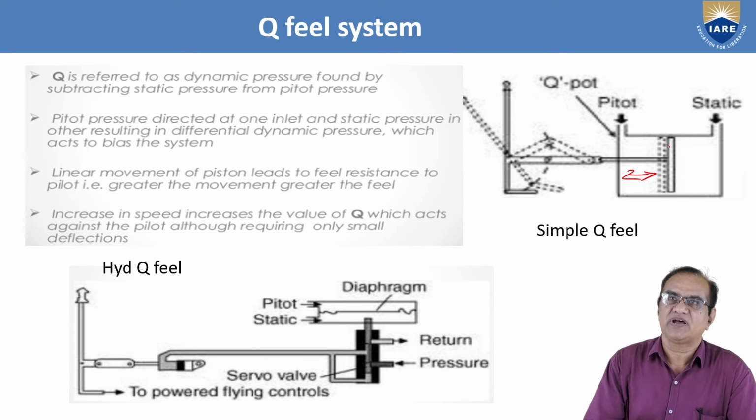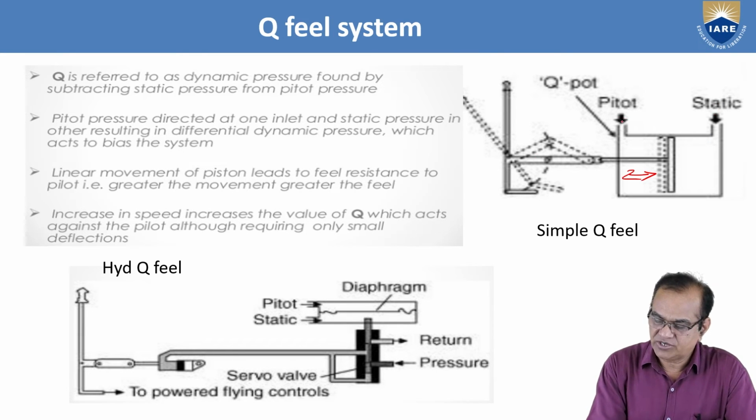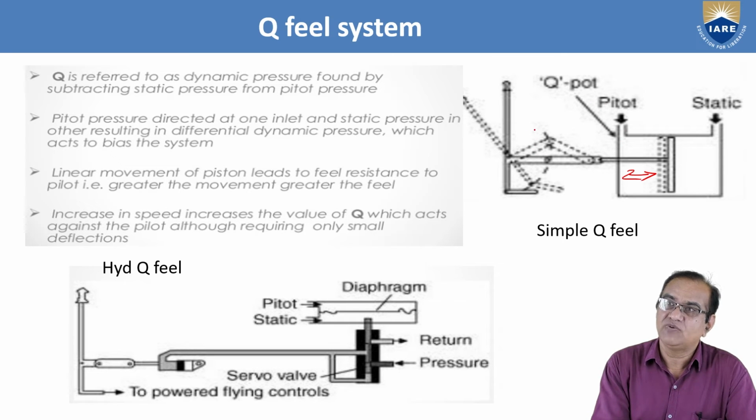This linear movement of the piston leads to feel resistance to the pilot, although requiring only a small deflection. So in this way, here is the pitot and here is the static. This difference will give the Q part. Accordingly, you will experience the different forces here as per that.